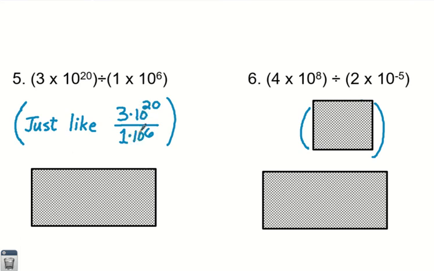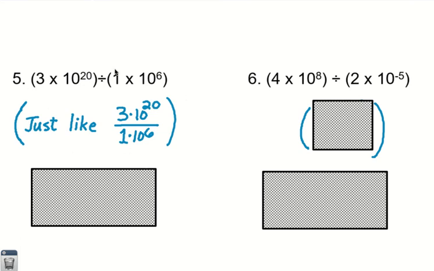Now it's literally the same thing. And what would you do, like what we did in the last chapter? Wouldn't you have just divided these numbers and then taken the powers that were on the same bases and subtracted them?